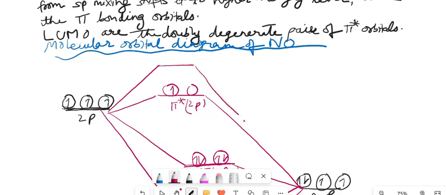That is the sigma star 2p formed by the combination of 2pz and 2pz of N and O. It is empty. It is the lowest unoccupied molecular orbital, so it is the LUMO.